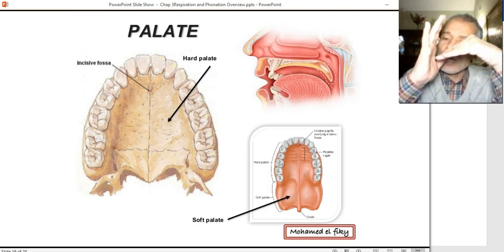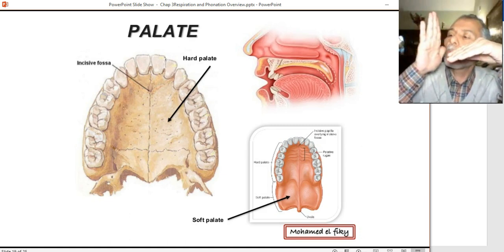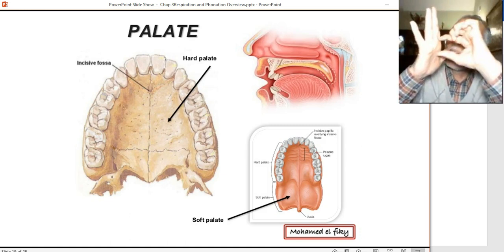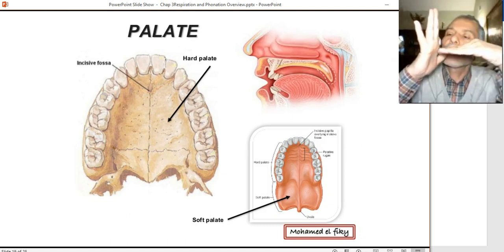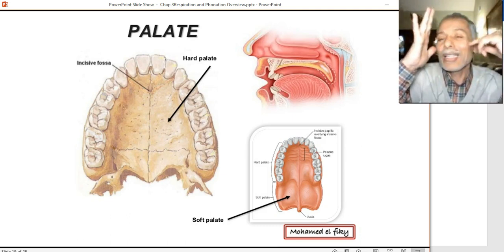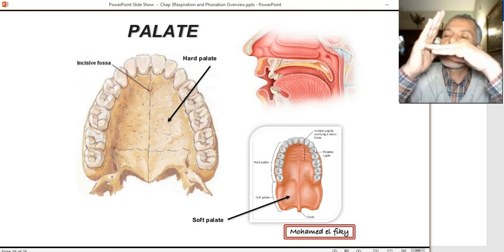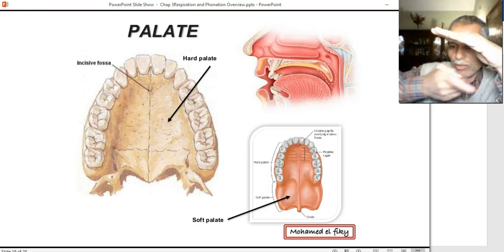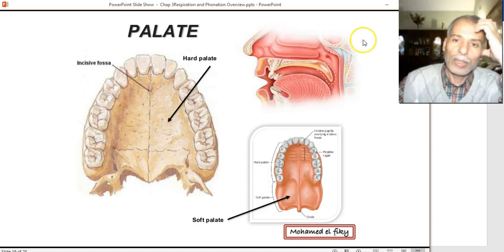As the velum rises, the posterior pharyngeal wall pushes forward at an area called Passavant's ridge. And then the velum comes in contact with that at the level where the adenoids are, and then closes, and it directs the air to the oral cavity. So right here, the air will go to the oral cavity. And this is, by the way, the adenoids.